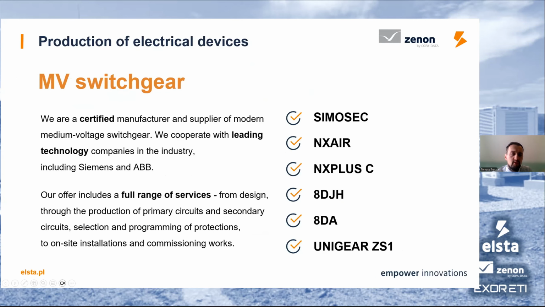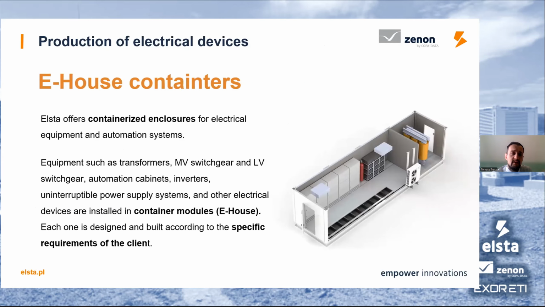We are able to provide you with MV switchgear, from simple ones to really complex 50 kA, alongside the electrical drawings, with the parameterization of the protection relays, so fully engineered, commissioned solutions.